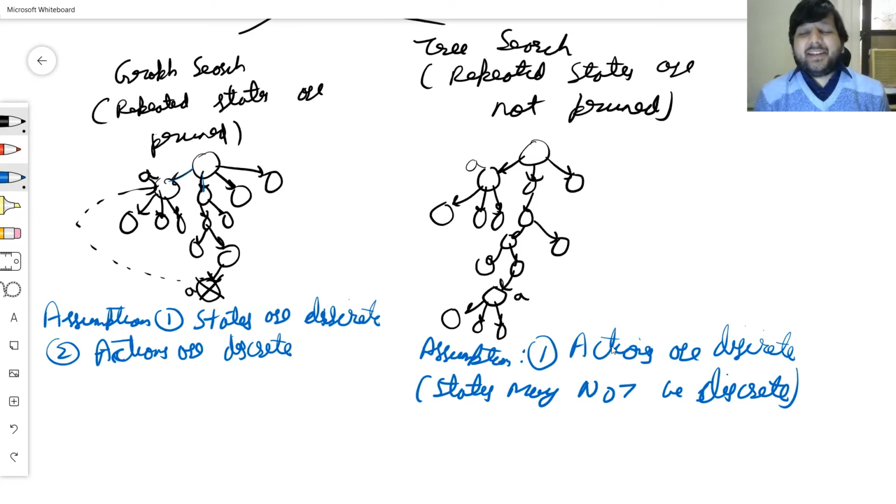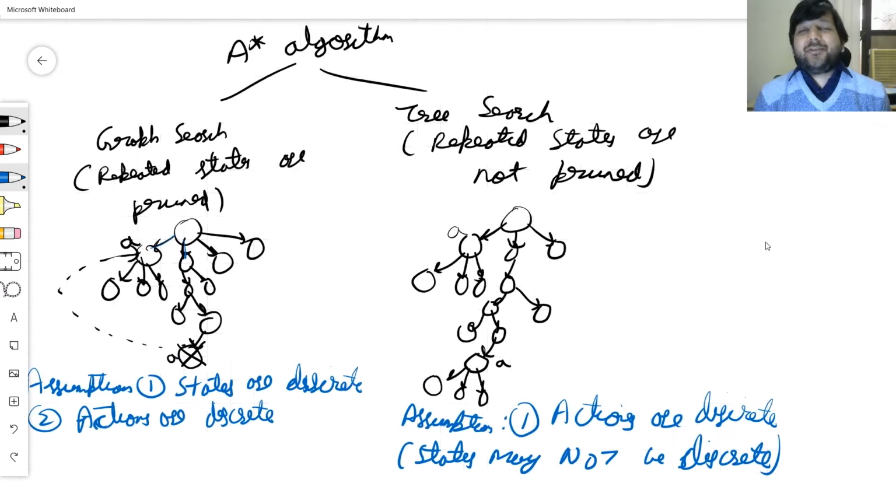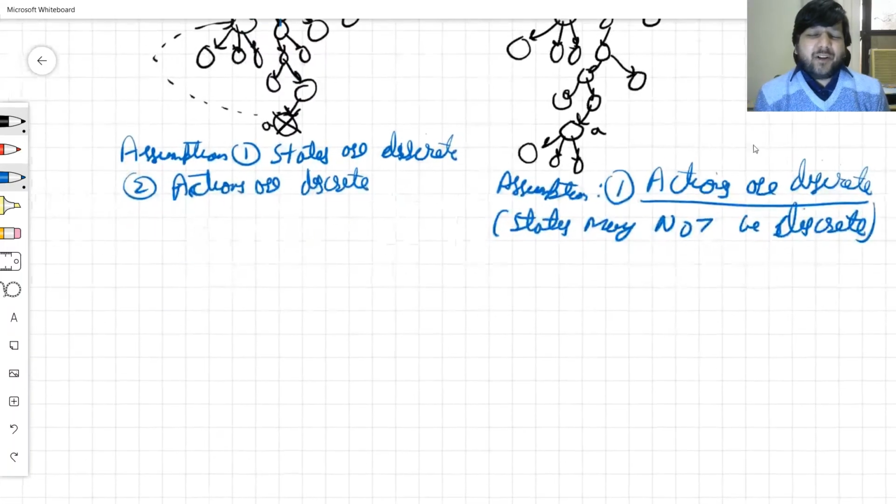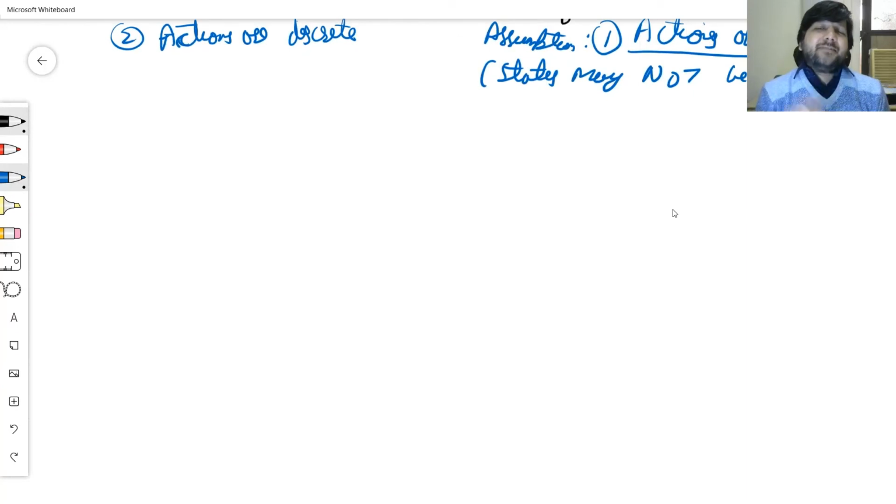And that's why in A-star-like algorithms, we always say that the actions need to be discrete. States, I don't care. If they are discrete, I have the liberty of a graph search. If not, tree search is good enough. Complexity turns out to be exactly the same as we've learnt in the previous courses. So A-star algorithm as an optimal search can be applied whenever your actions are discrete; states do not matter.